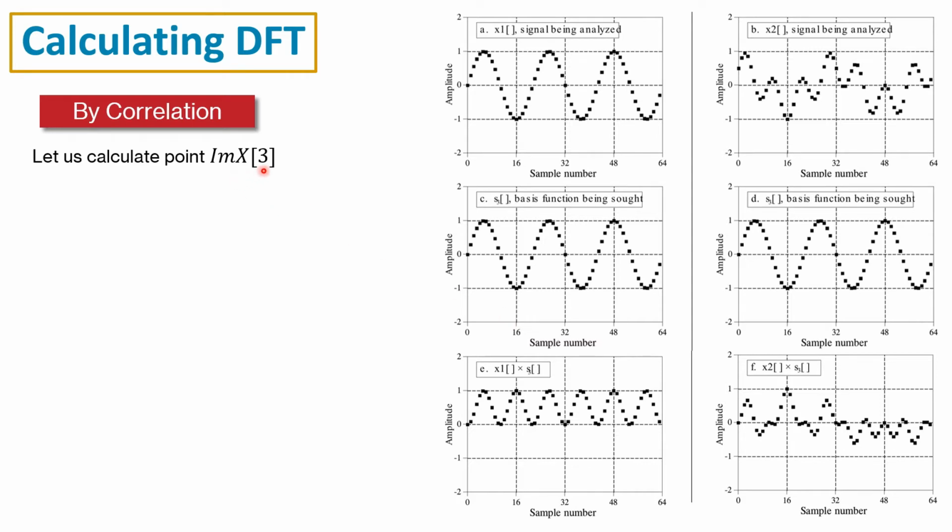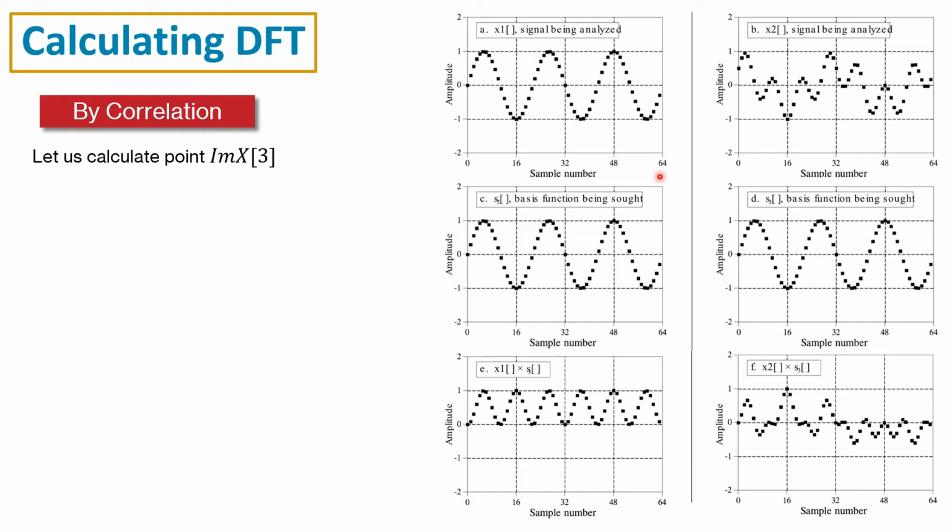So there will be a 4 where there will be 4 cycles, then there will be a 5 here with 5 cycles, and so on until n over 2 plus 1. Okay, so n over 2 plus 1, if there are 64 samples, so n over 2 of 64 is 32.